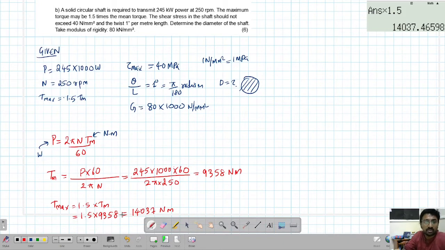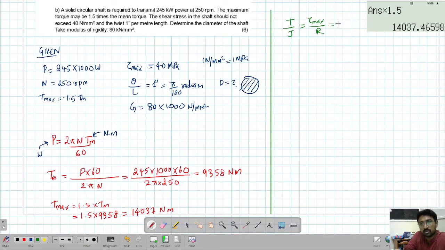So we got the maximum torque. Now we will use the second equation, the torsion equation: T by J equal to tau max upon capital R equal to G theta upon L.